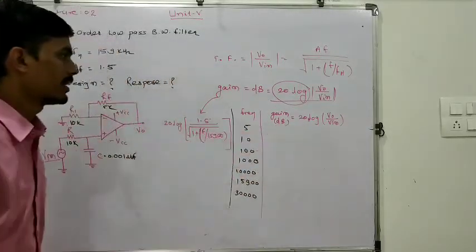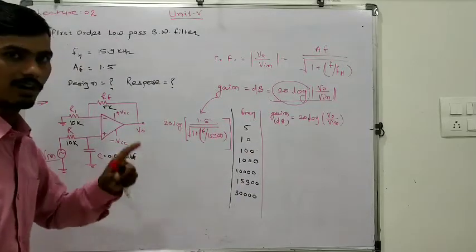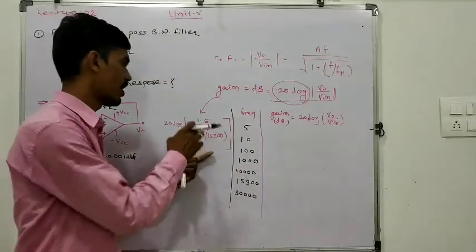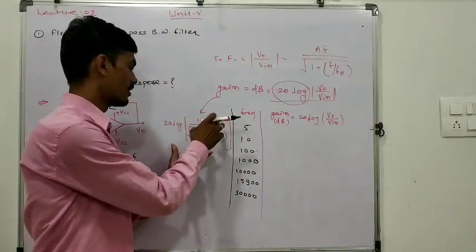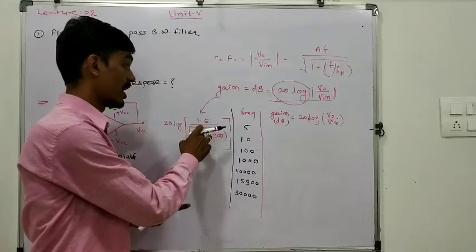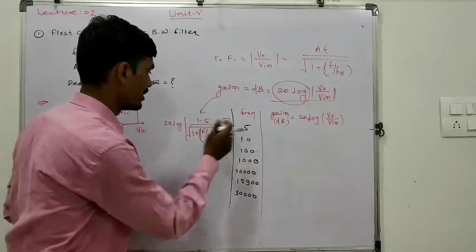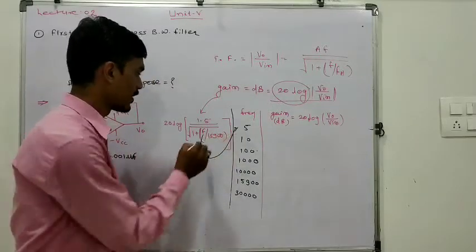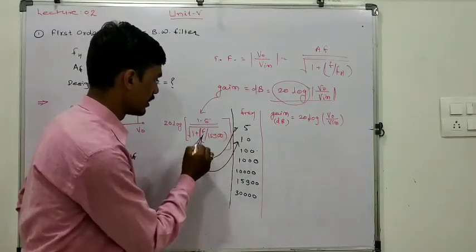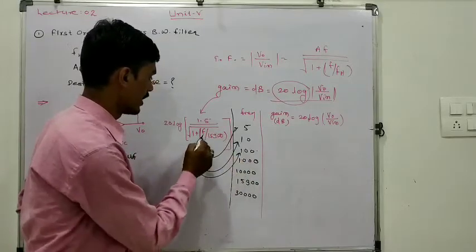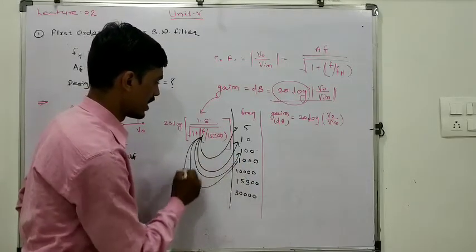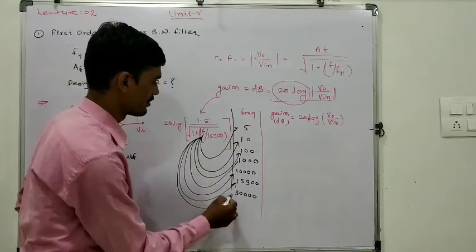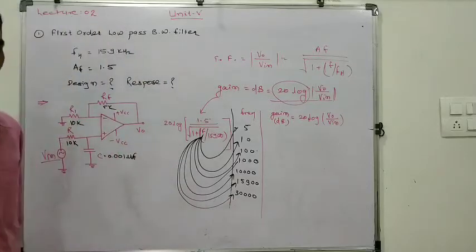Now to calculate the gain, we just note down the formula in the calculator, that is 20 log in bracket 1.5 divided by under root of 1 plus F squared. First we replace F by 5, then F equal to 10, then 100, then 1000, then 10,000, then 15.9k, and lastly 30,000 or 30k.